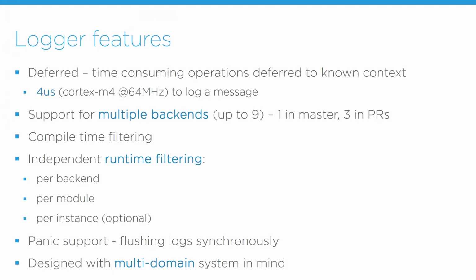Since that moment, any logs which are processed are processed synchronously. Instead of putting messages to the buffer, we are directly calling the backends. The backends which are still active are processing the string, sending it in a blocking way over UART, and so on. But that's not an immediate mode, right?